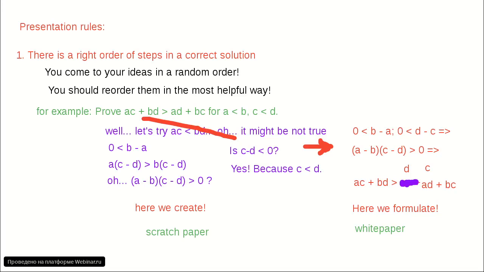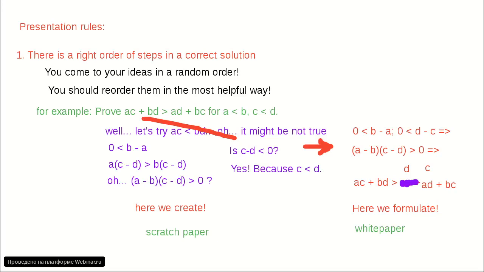Either you go from the given conditions to the final point, or you use your final point as an anchor, and you show step by step the previous steps which should lead to the next line.